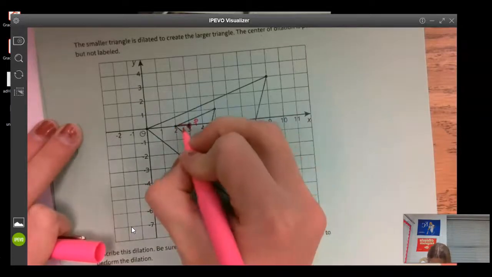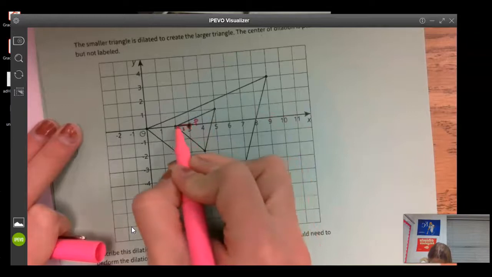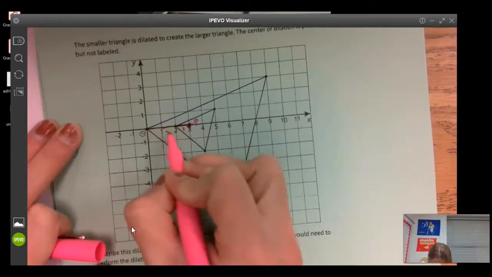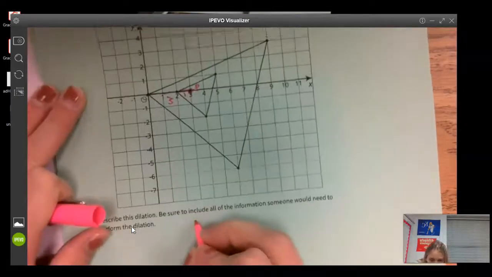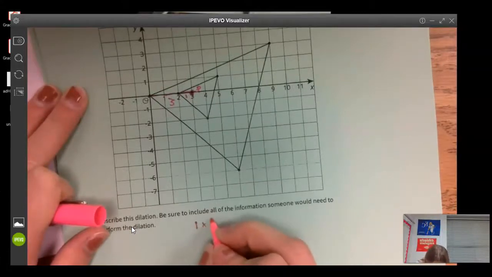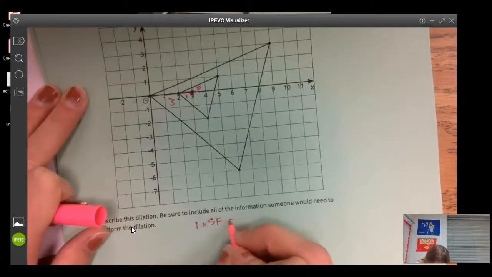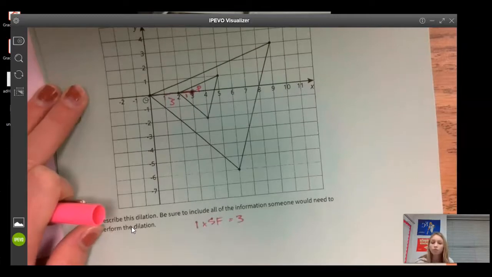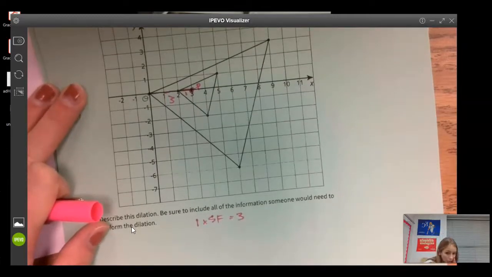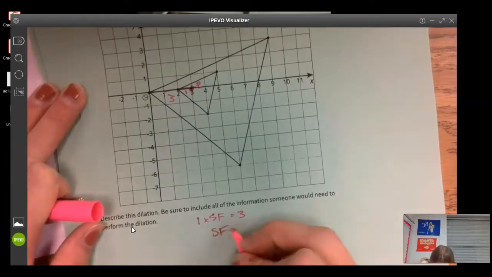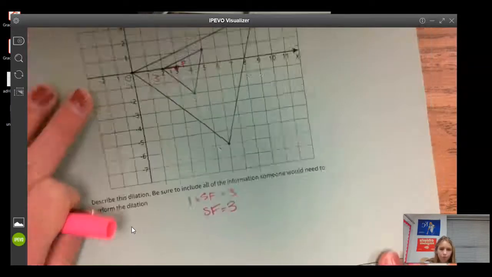That would be 1. And then it ends up going to 1, 2, 3. So our original times our scale factor equals our new. What times 1 equals 3? It's 3. So our scale factor is 3.